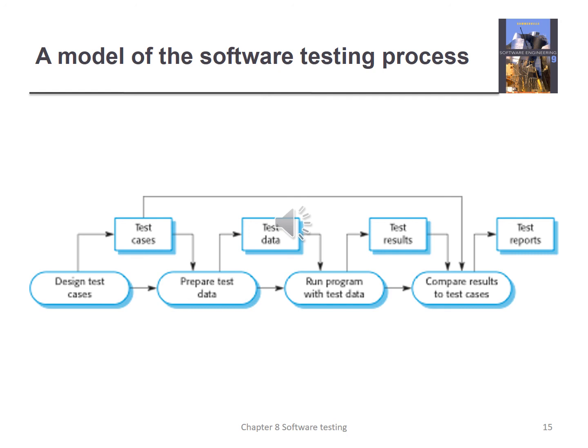Then we run the program with the test data and get a result. We compare the result with the test cases and come up with a test report to see if everything is okay. If it passes, we move from one stage to another in the testing process.